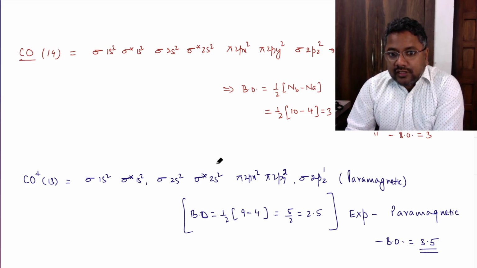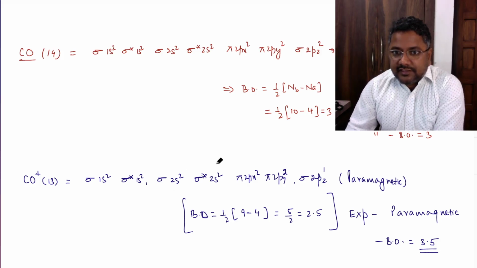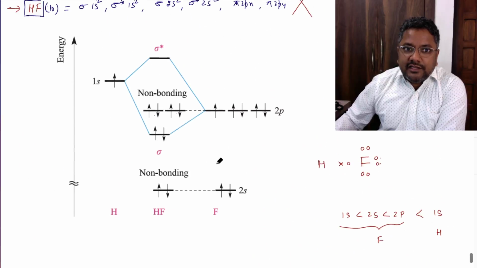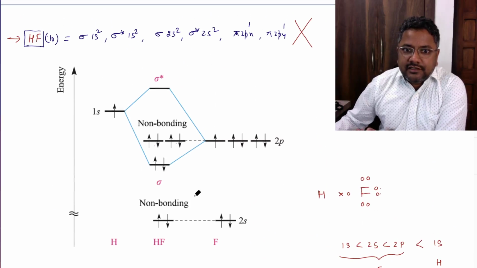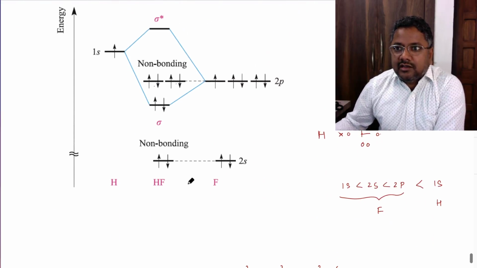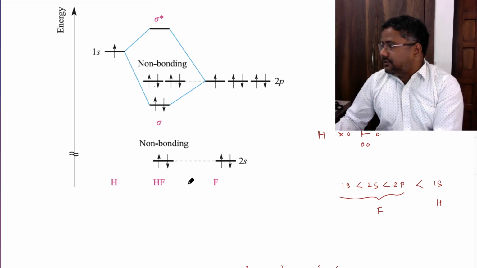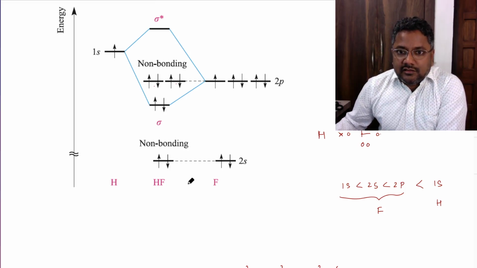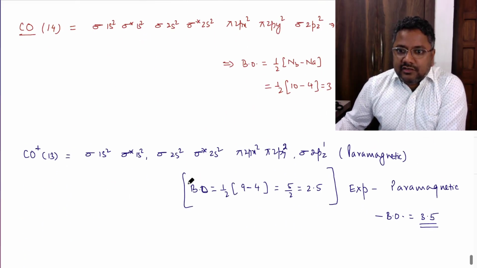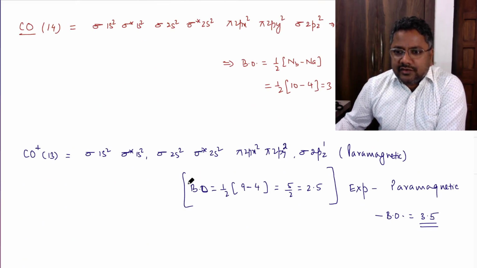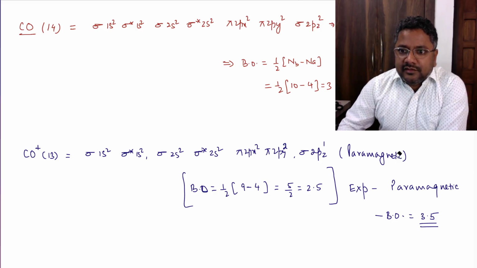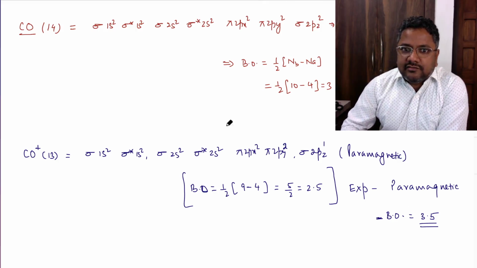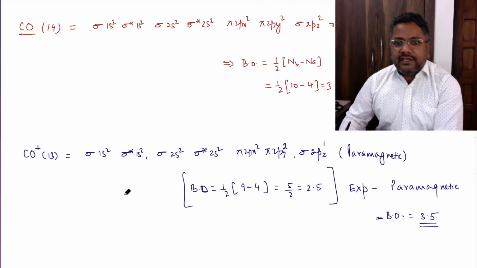For heteronuclear molecules there is some difference, as you have seen here. In the HF molecule everything is different, right? You cannot use the simple treatment of molecular orbitals. So this carbon monoxide is a fantastic molecule, and every time people try to explain this molecule or ion as an exception.